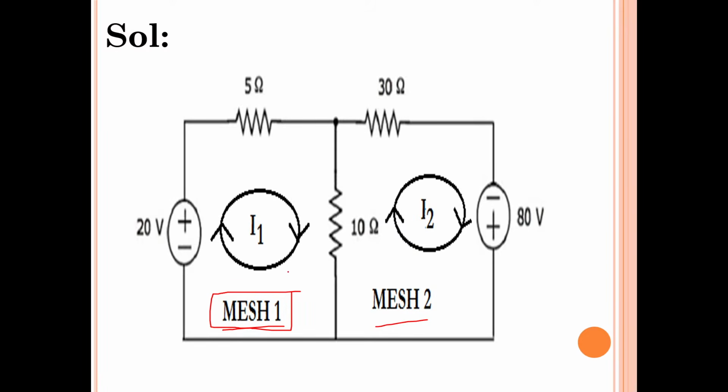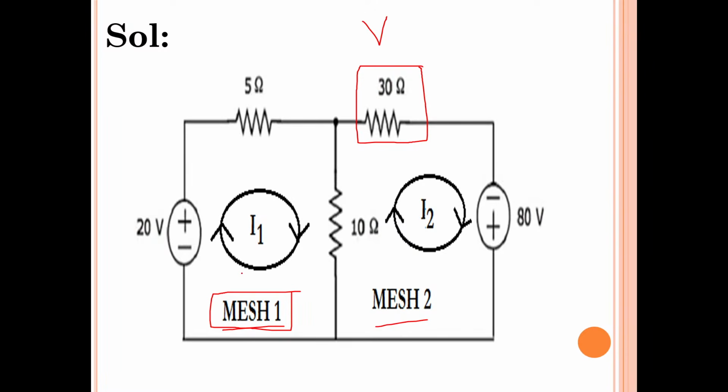Now, I have already told you we have to identify the meshes. After that we have to assume the mesh currents, and after that, as I told you orally earlier, we have to implement Kirchhoff's voltage law and Ohm's law to determine the unknown parameters. In the question they have asked us to determine the voltage across 30 ohms.